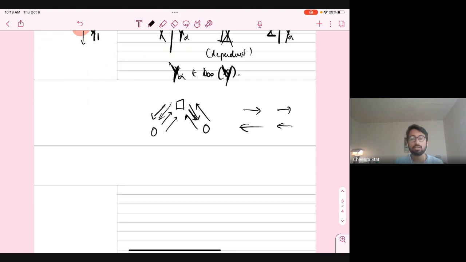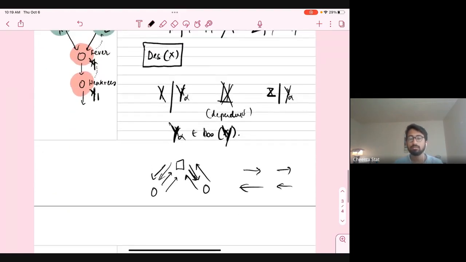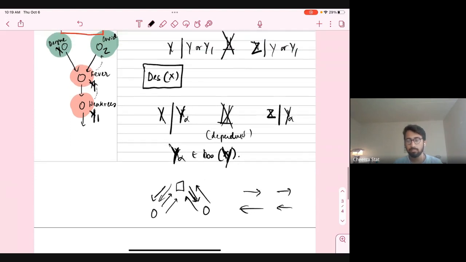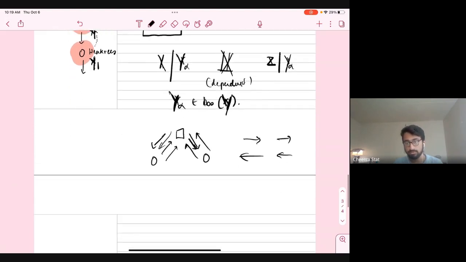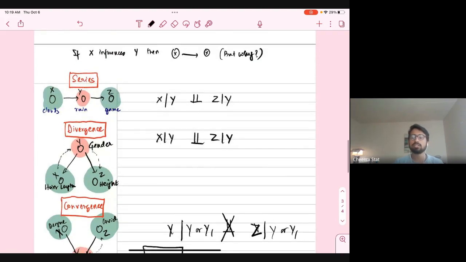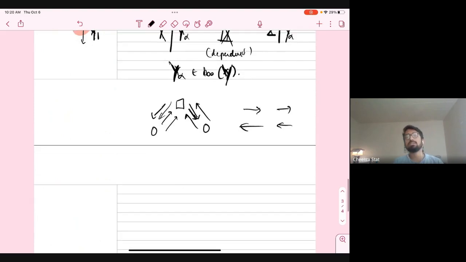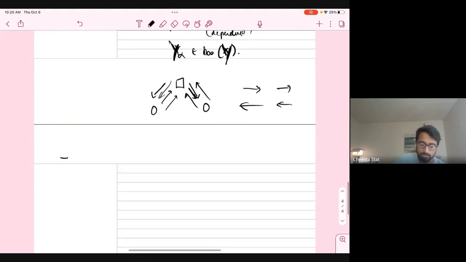Did you understand? So three possible ways. So these are called X and Y are D separable. And if D separable, we can show that the theorem is there.